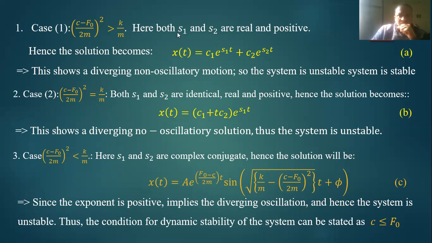Here, S1 and S2 are real and positive. So we have this equation, which is the solution of the differential equation. This shows a diverging non-oscillatory motion, so the system is unstable.